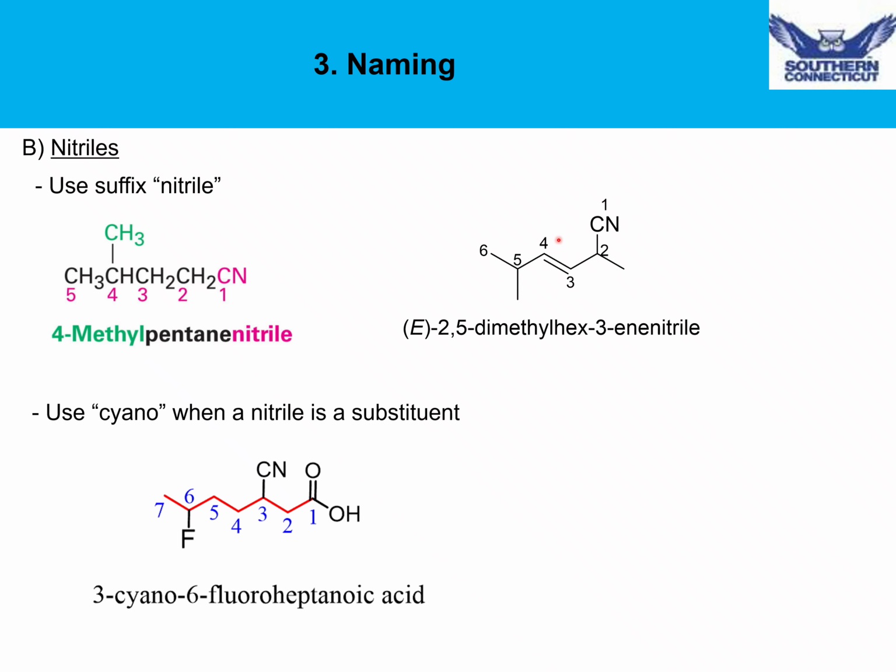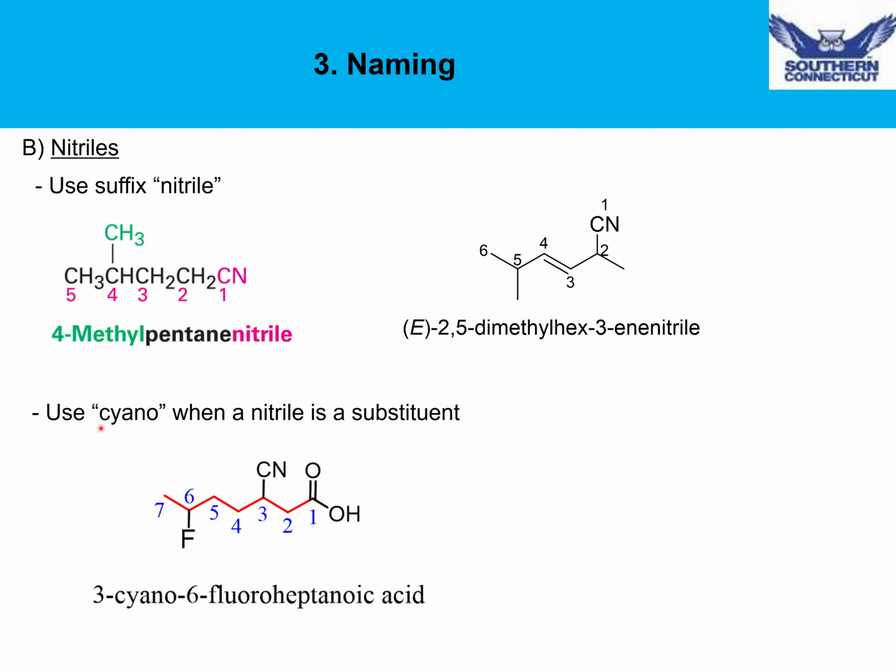Lastly, you look for any stereochemistry. We do have stereochemistry around the double bond. It is E stereochemistry, and so we add that in front of the name. This double bond has E stereochemistry based on the fact that this carbon chain is on the opposite side as this one towards carbon 5, and so that's why we name it as E.